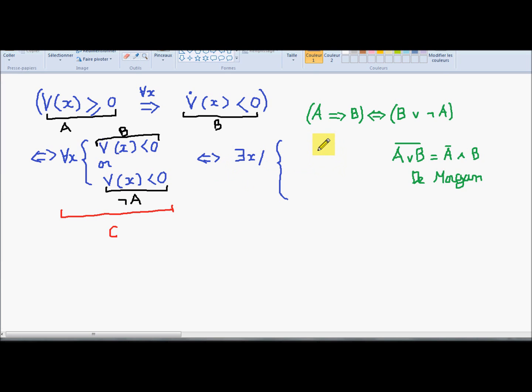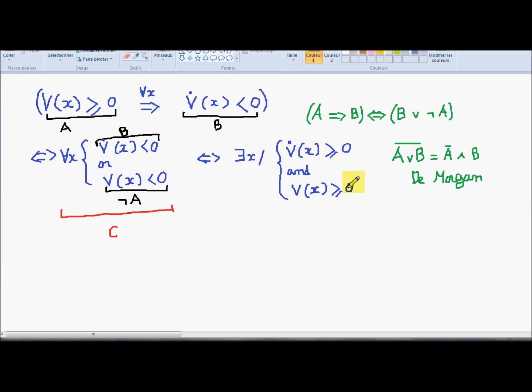V dot, sorry, here maybe I have forgotten something. Oh yes, here it's V dot. Okay, so here I will write V dot of X positive and V of X is positive, like this.